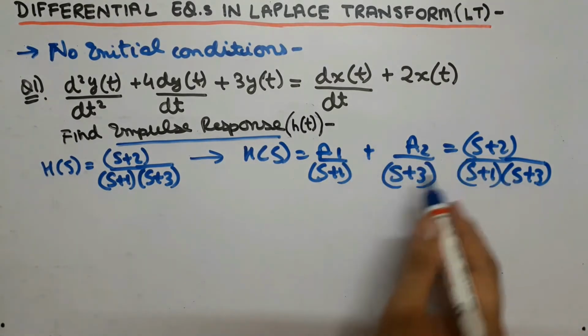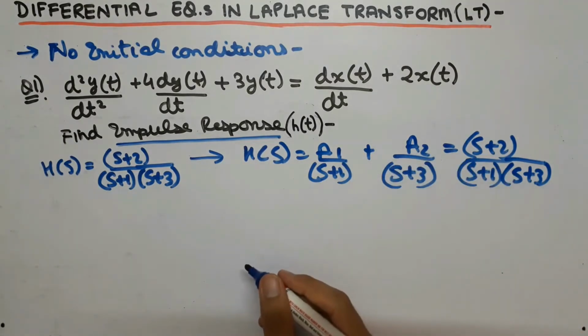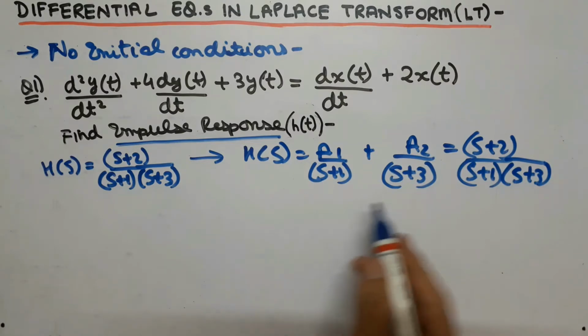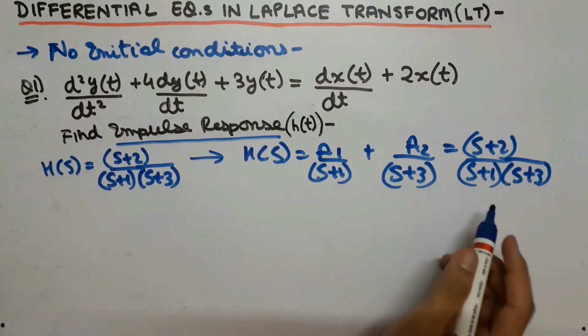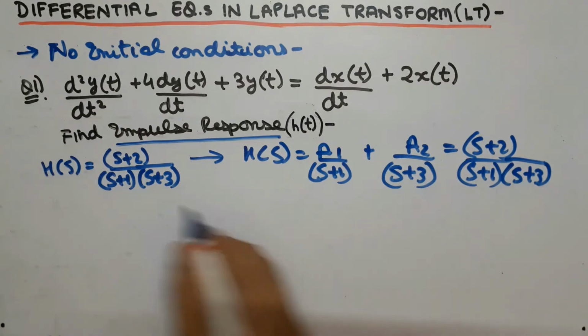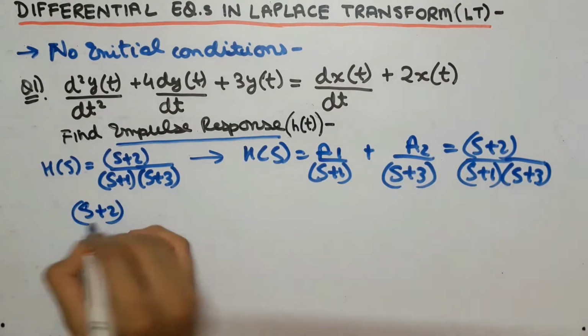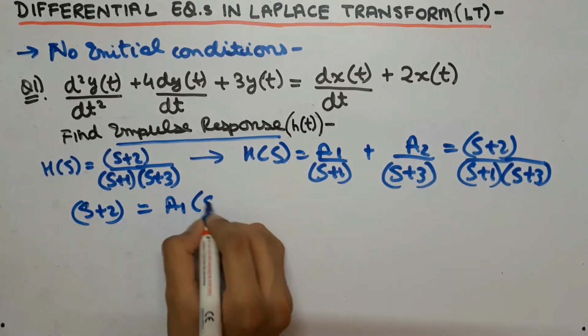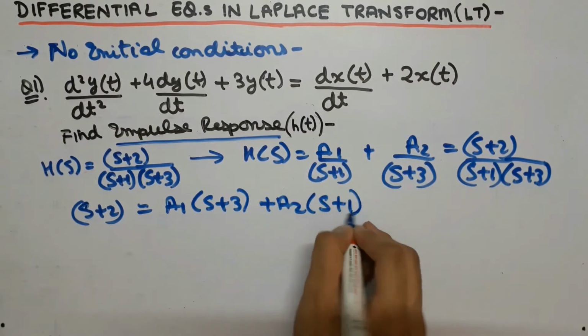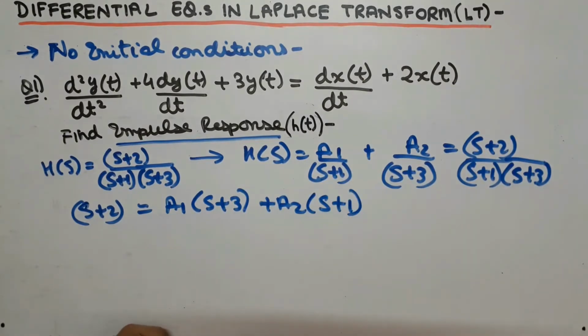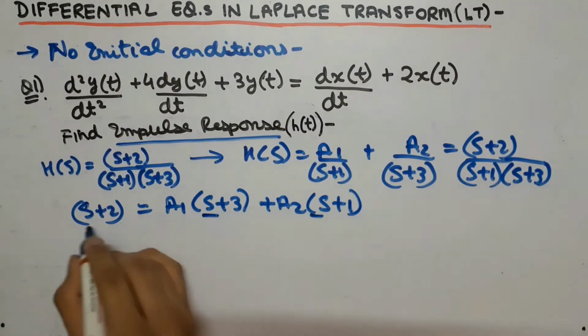Now we are going to use this to find the values of a1 and a2. First, we cancel the denominators from the LHS and the RHS. On doing that, you will get s + 2 is equal to a1 into (s + 3) plus a2 into (s + 1). Now we do necessary substitutions for s in this equation.